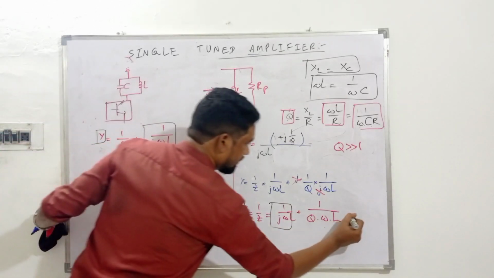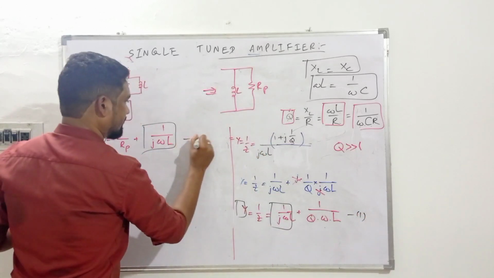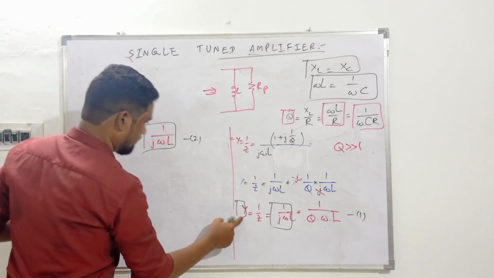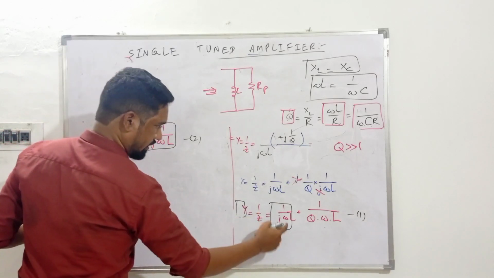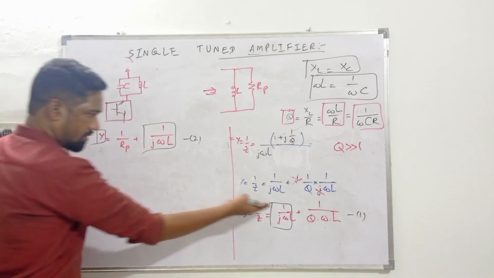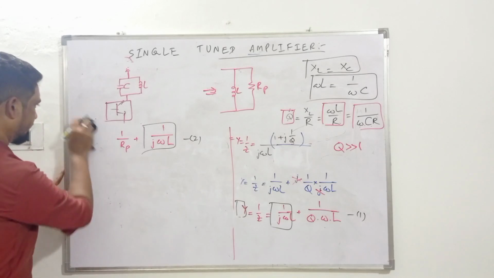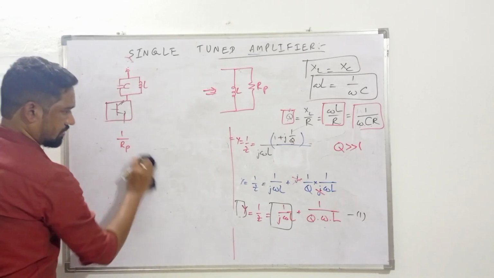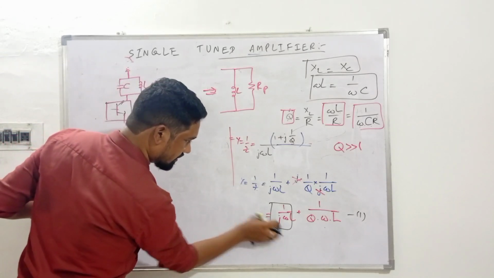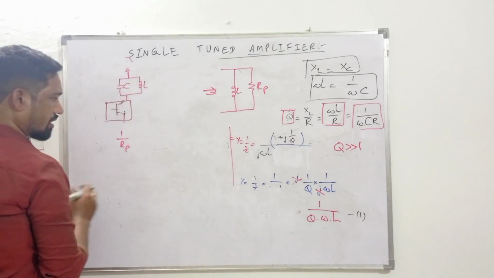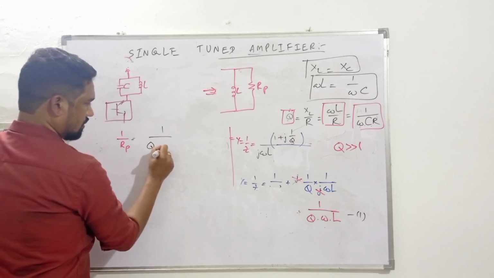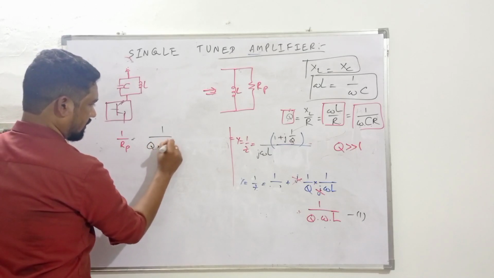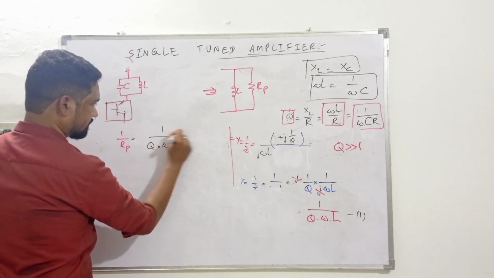So from equation 1 and 2, this is Y, and 1 upon j omega L, 1 upon j omega L. So what is left over? This is left over, that should be equal to that. So here I am erasing here itself, okay. That is equal to 1 upon Q into omega into L, right?